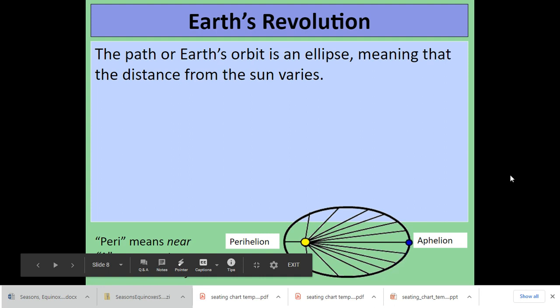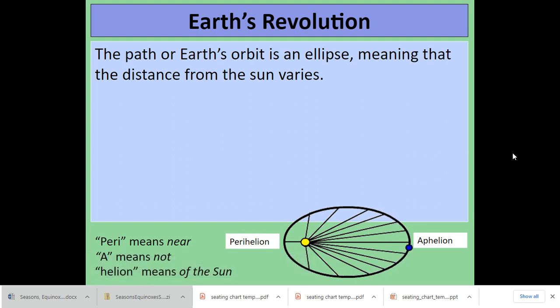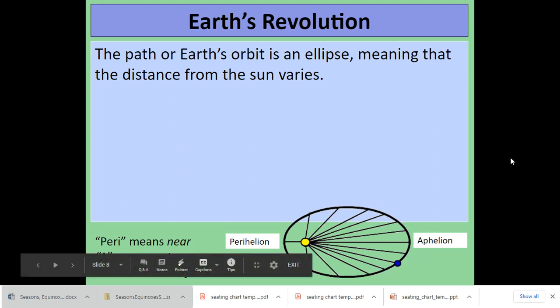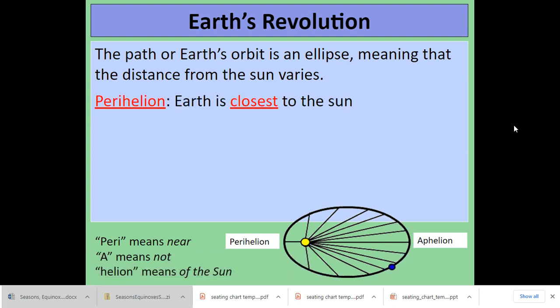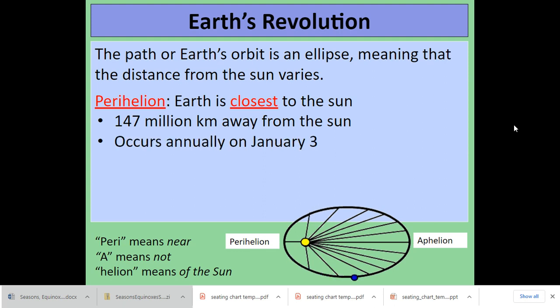Earth's revolution. The path of Earth's orbit is an ellipse, meaning that the distance from the sun varies. You can see down here, we are not in a perfect circle. It's more the shape of an egg. Earth is closest to the sun, at 147 million kilometers away, at perihelion.